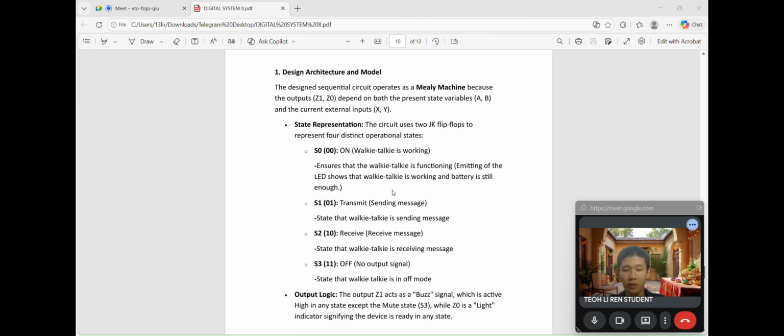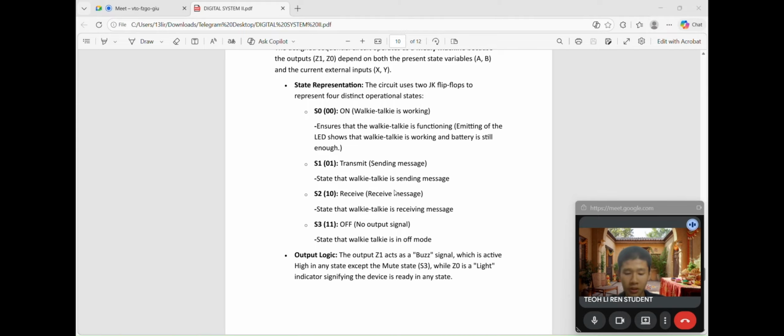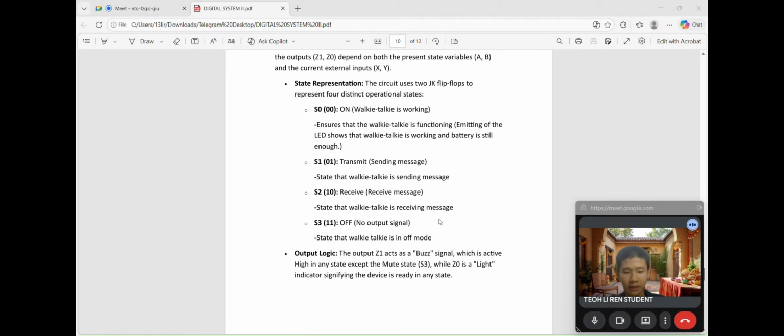As Victor said, we have the on state, transmit state, receive state, and off state. We also have the output logic. Z1 acts as a buzzer signal, which is active high in any state except the mute state S3, while Z0 is a light indicator signifying the device is ready in any state. We use the Mealy machine because our outputs are directly affected by the XY external input.